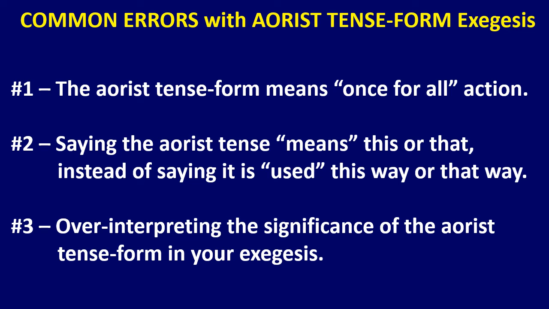It tells us that the aorist tense form is so common that it should be more apparent that the Greeks used it most often to depict just simple facts or background information, especially in narrative literature, without necessarily meaning anything super spiritually profound because of the sheer commonality of usage for the aorist tense form.